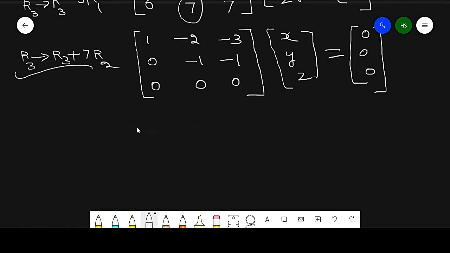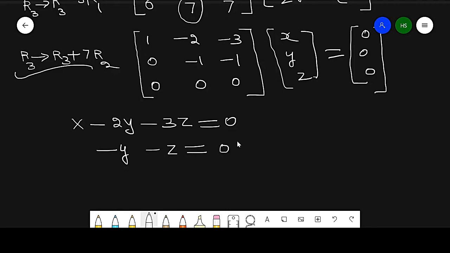So this equation is converted as x minus 2y minus 3z equal to 0, and minus y minus z equal to 0. So we got two equations. What is y? y is equal to minus z.